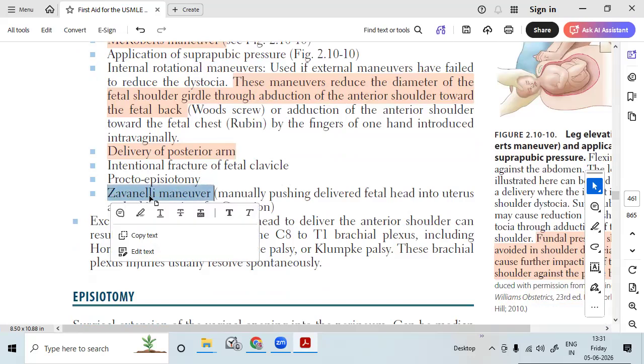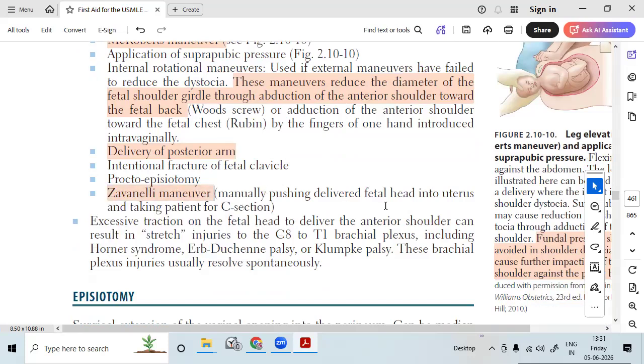You just need to know the names in most of the exams. The Zavanelli maneuver is manually pushing the delivered fetal head back into the uterus and taking the patient for cesarean section.